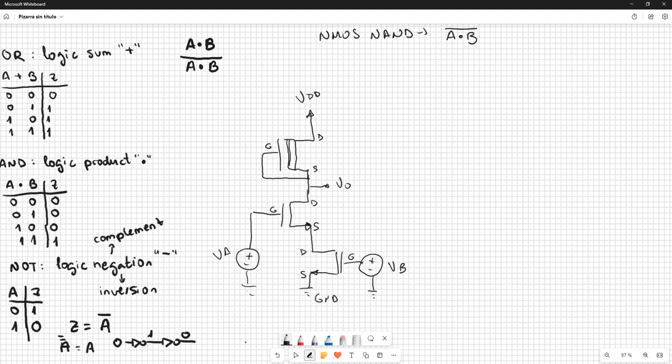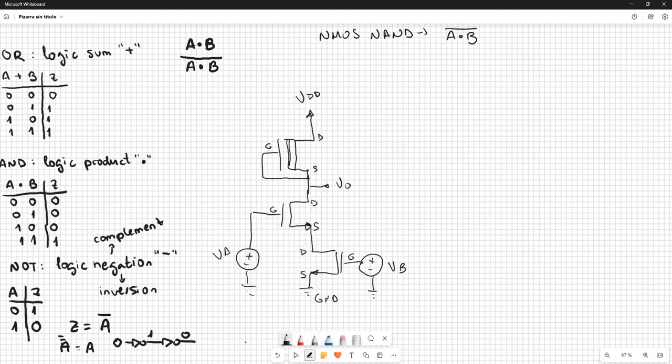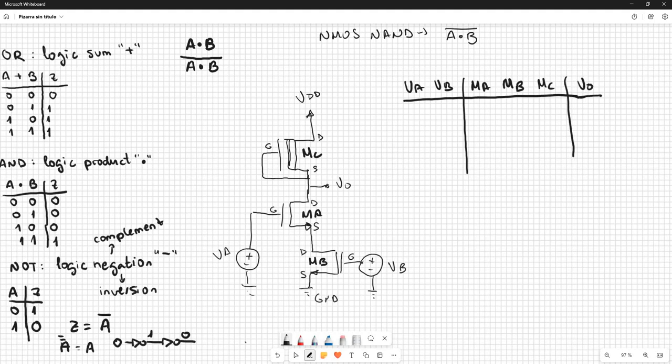Okay, so we are going to analyze the circuit as we did with the previous ones. So we have 4 combinations, and we have 3 transistors: transistor A, transistor B, and transistor C. And the output is here. So the combinations are these ones.